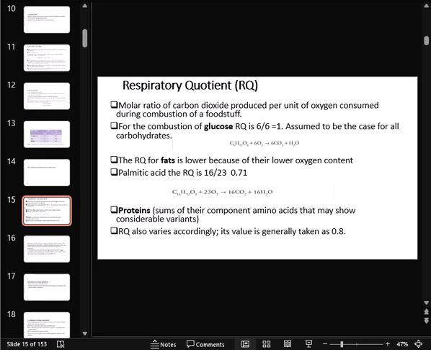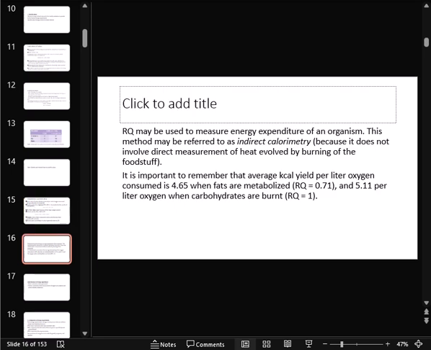And then when we look at proteins, proteins have a variation due to the difference in the composition of their amino acids. But all in all, the average value is generally taken to be 0.8 RQ. So that's the respiratory quotient of these guys.